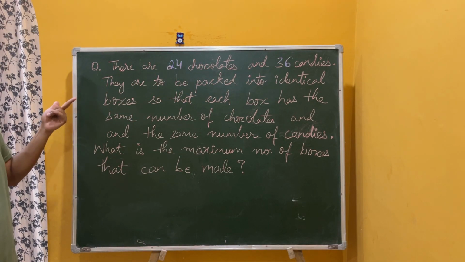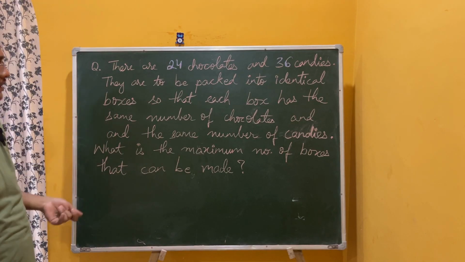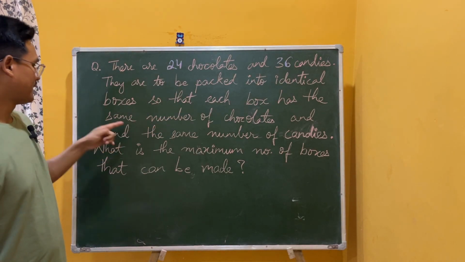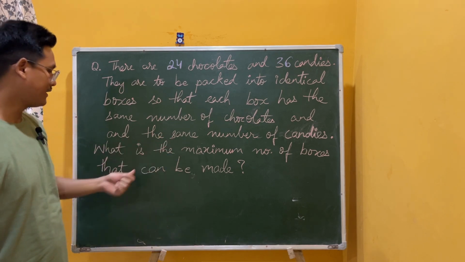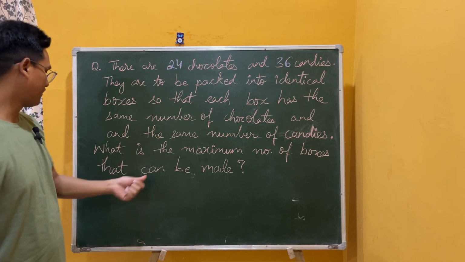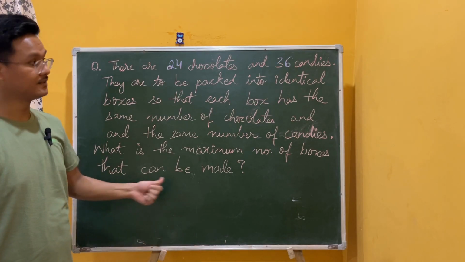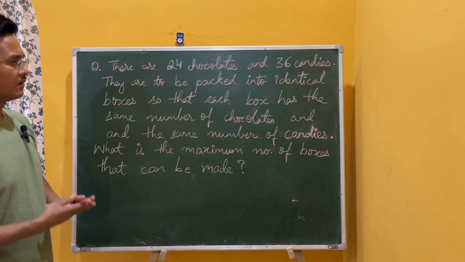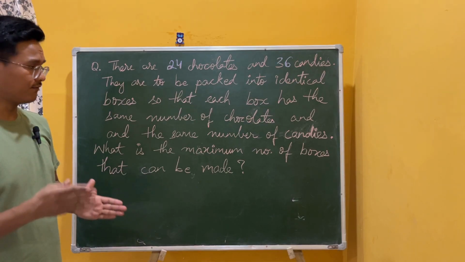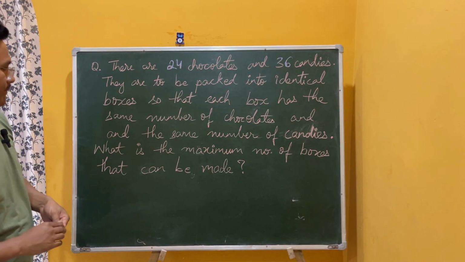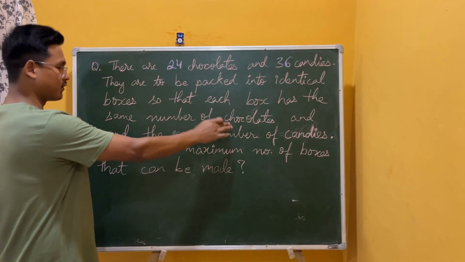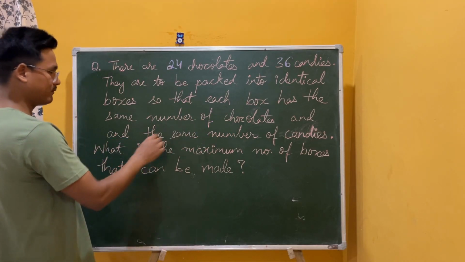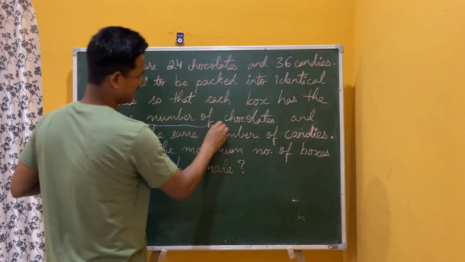They are to be packed into identical boxes so that each box has the same number of chocolates and the same number of candies. What is the maximum number of boxes that can be made? What makes it a little confusing is that each box has the same number of chocolates and the same number of candies.